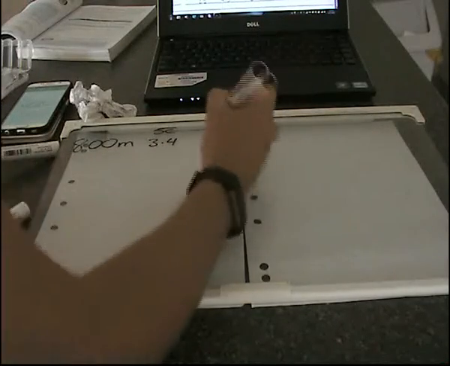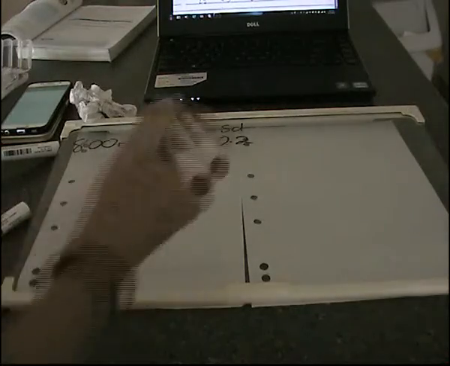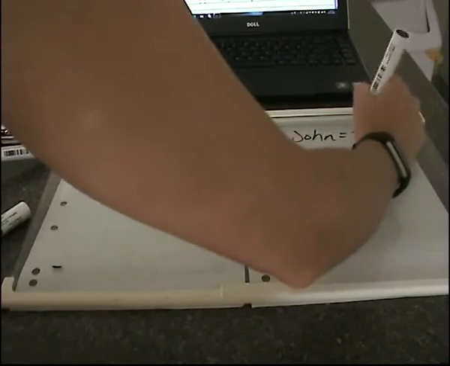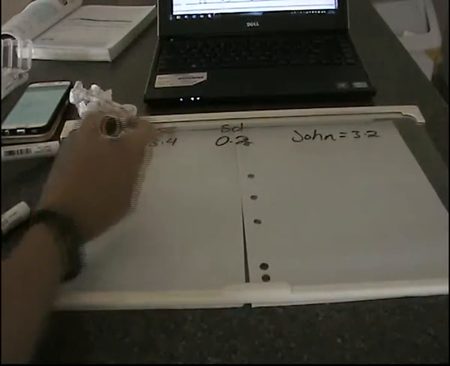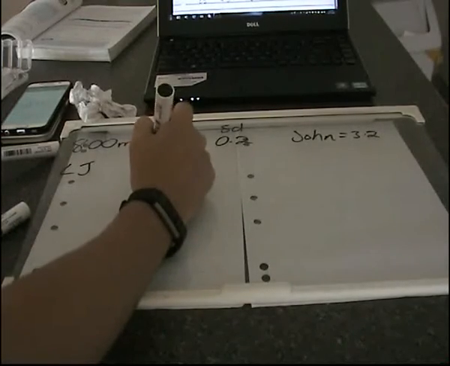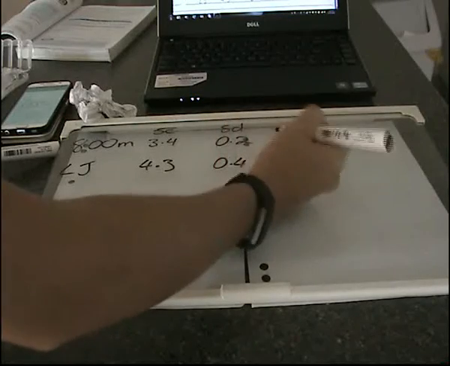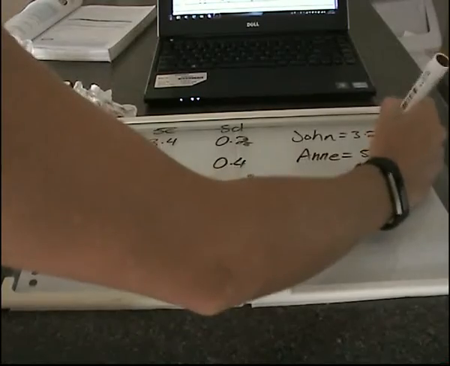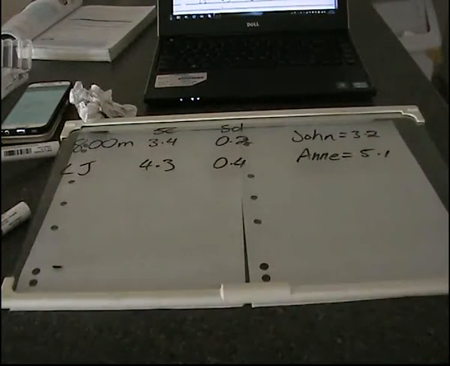The standard deviation was 0.2. John's score, or John's time, was 3.2. Now in the long jump, the median score was 4.3 metres and the standard deviation was 0.4 metres. Anne scored 5.1 metres. Who did better? We can't really tell at the moment.